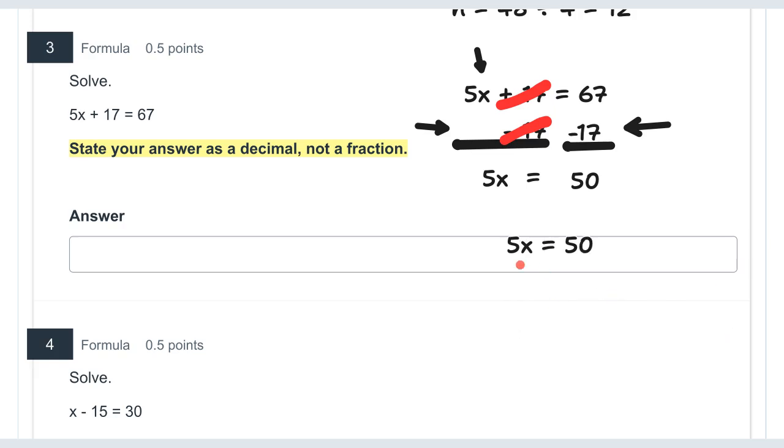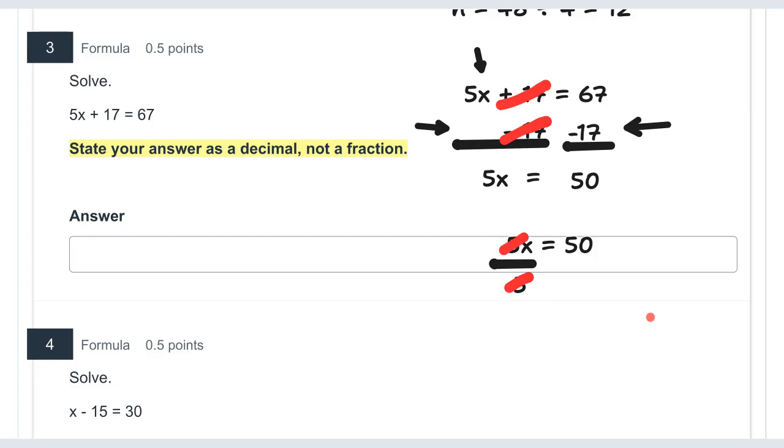To solve this, I have to divide this side by 5. And when I divide the left side by 5, what happens? These 5s cancel.